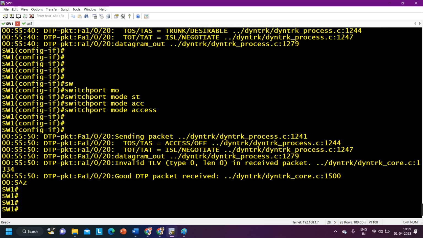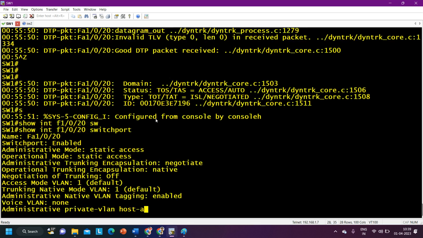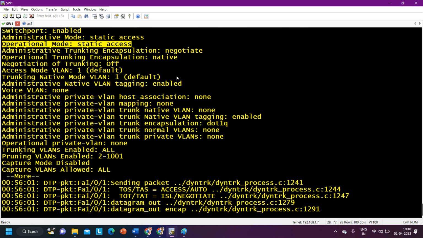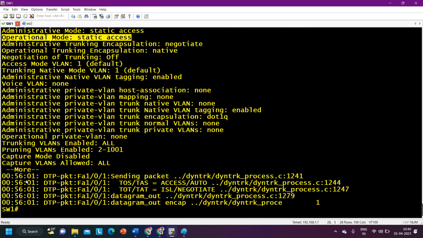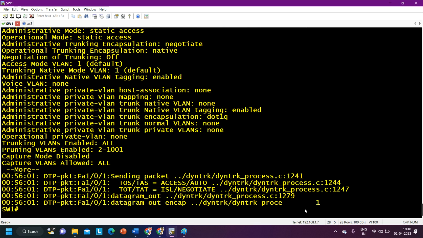Right now, if you run command show interface f1/0/20 switch port, here you can see I have configured administrative mode as static access and operational mode is also static access. Yes, but still it is sending DTP message, yes or no. That means still DTP is running over here.